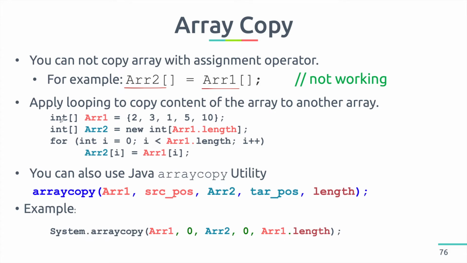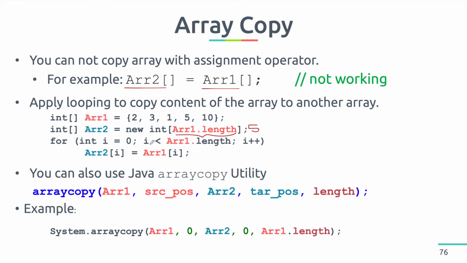So for example, here we have an integer array called array1, and it has 5 values, and I want to create a copy of that array and call it array2 is equal to new int, and then I will give it a size equal to the size of the first array. So array1.length, this will give you a result of 5.